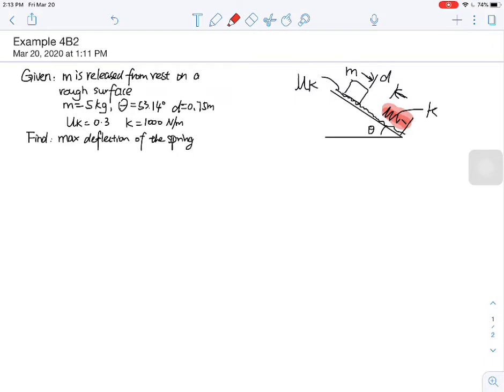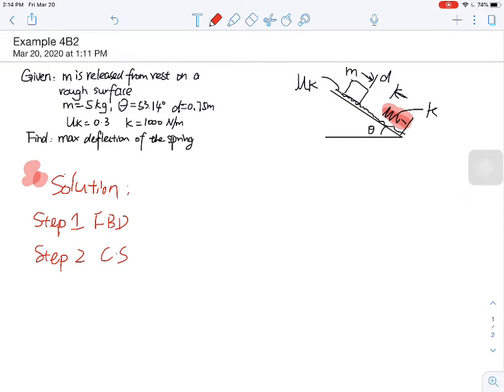All right, I will just start this problem. Okay, solution. So step 1 to step 3. Step 2 should be the free body diagram and coordinate system, right?